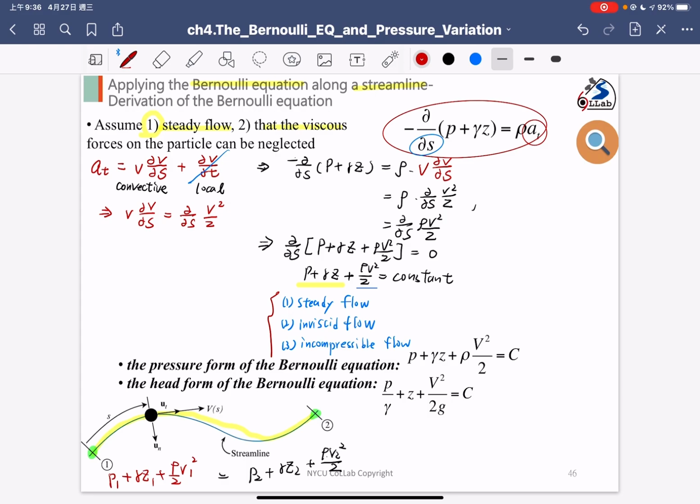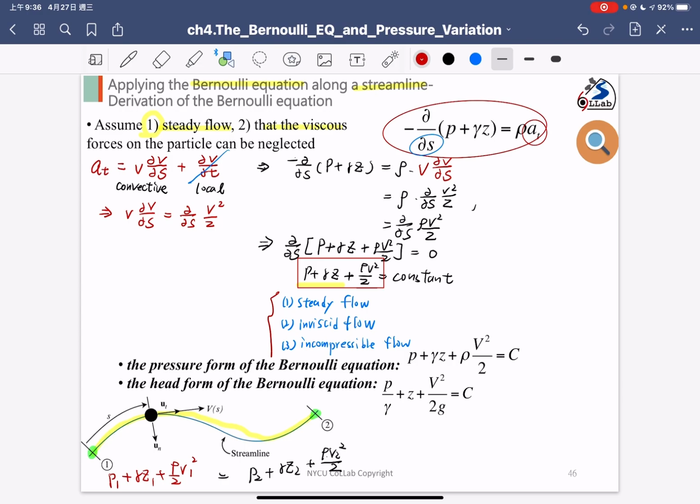What does the Bernoulli equation tell us? The very important idea is that the piezometric pressure plus one half rho V squared always equals a constant, but it only holds for two points located on the same streamline.